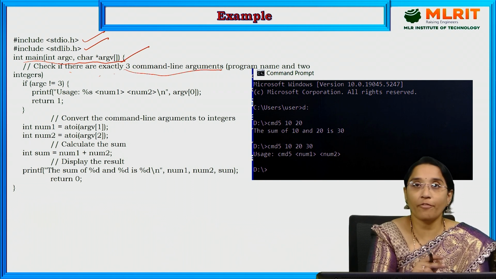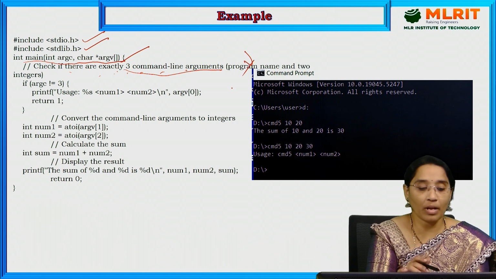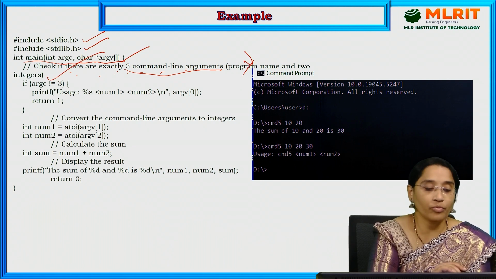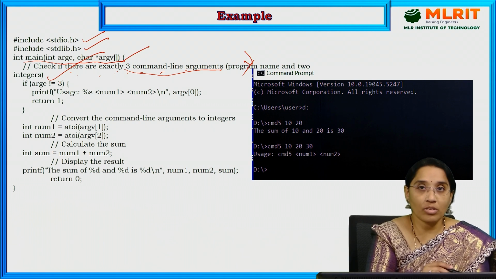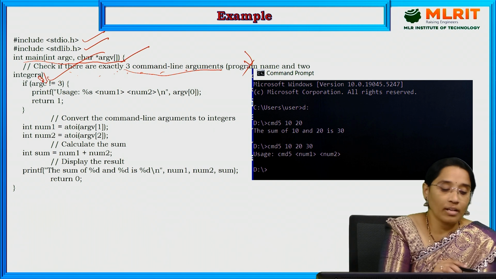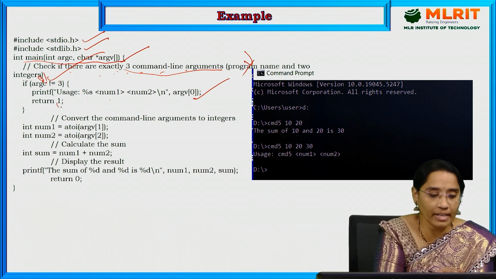One is the program name and 2 are integers. So if argc not equal to 3, where argc is the argument count, printf usage %s num1 num2, argv of 0, return 1.